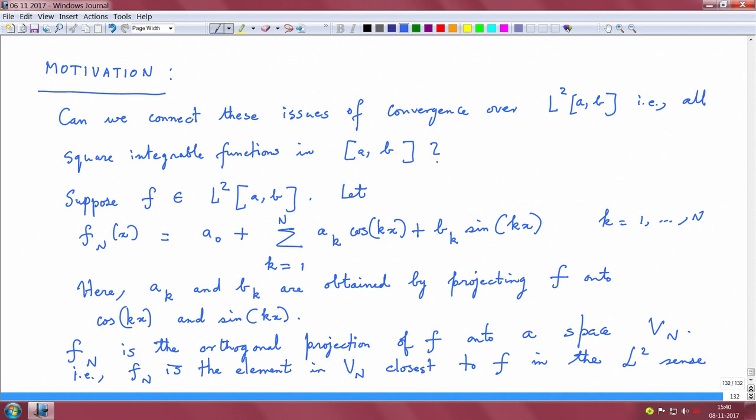If you write it in terms of the Fourier series representation, that is basically the orthogonal projection of a square integrable function onto a space V_n, and f_n is the element in V_n closest to this function in the L2 sense. That is, if you look at the norm of f minus f_n in the L2 sense, that should be the closest. If you want to minimize that metric in the L2 sense, then the expansion happens to be of this form.